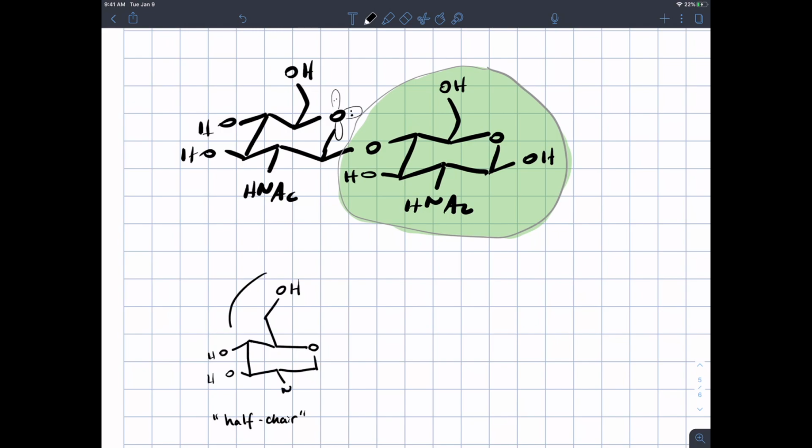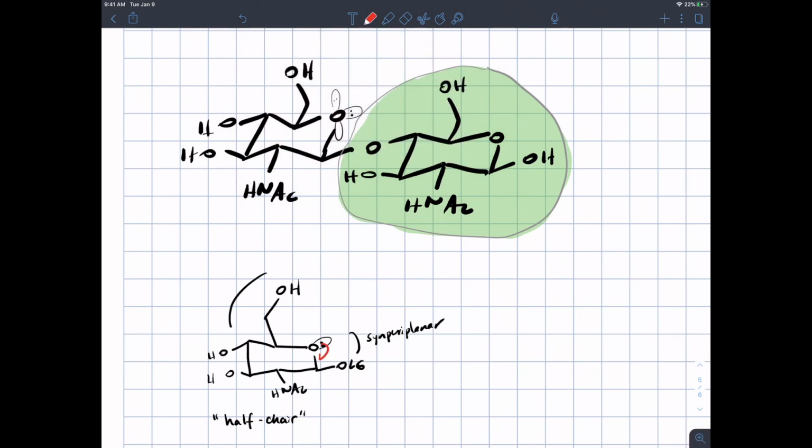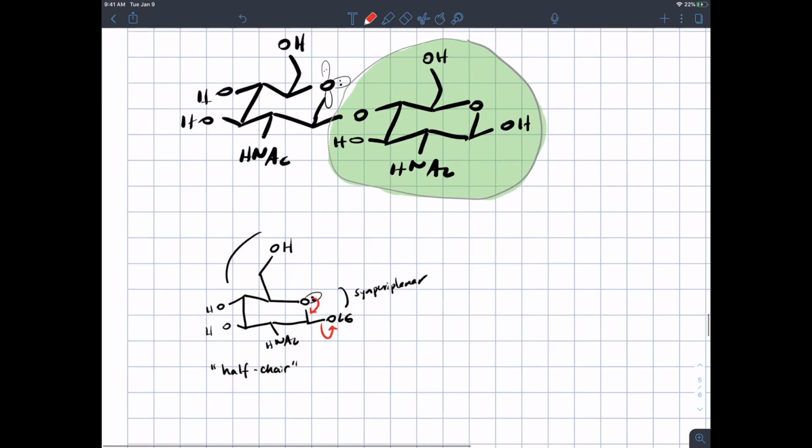And at that point, because of the steric distortion, now the lone pair is more syn periplanar, and that allows the electronics to work such that you can eliminate the leaving group.